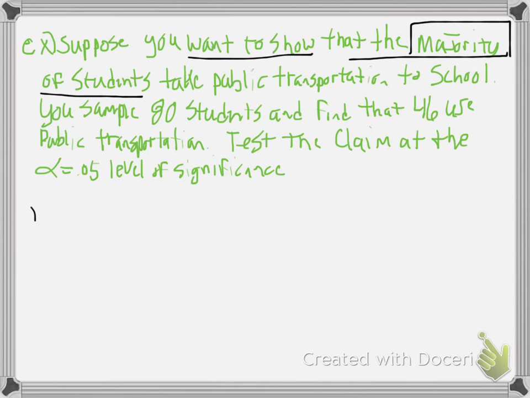So what I actually gave you was the alternative right away: p, the percentage that use public transportation, is over 50%. Majority means over 50%. So we have a right tail alternative.